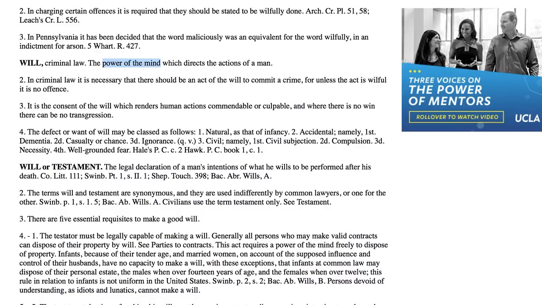It's an act, a functionality that requires the mind. So they're almost synonymous in how they're being used against you. If you don't have a will, you don't have a mind, which takes you out of your status of being a man. See, man, that's the one who has unalienable rights.